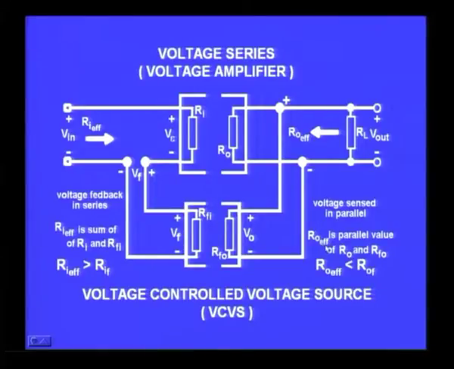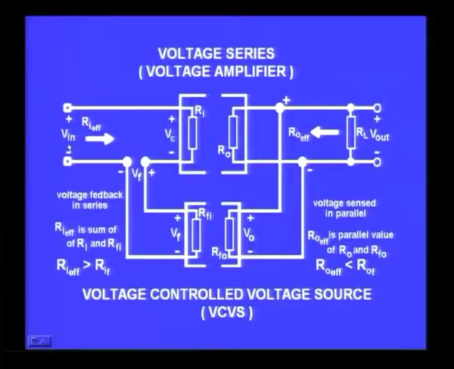Now let us see what happens. RO effective is the parallel value of RO and RFO, where RFO is the feedback network. Then RO effective is always less than RO, the output resistance of the amplifier. Similarly, if you look at the input, the voltage is connected in series with the input signal, and therefore what I get will be less than the actual applied input, because the feedback voltage will reduce some of the magnitude.